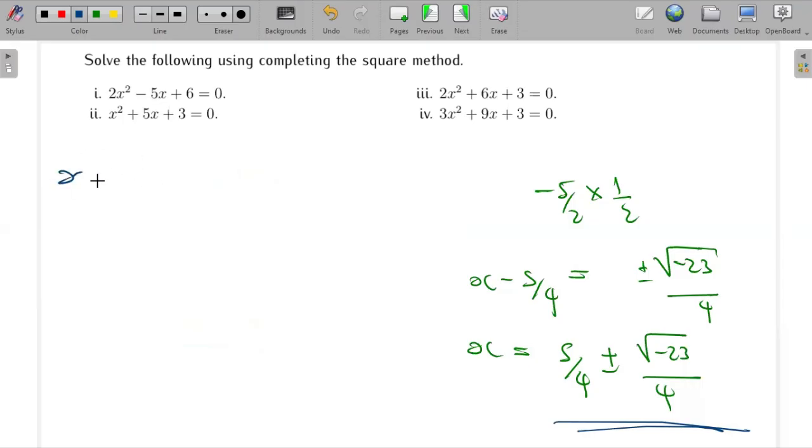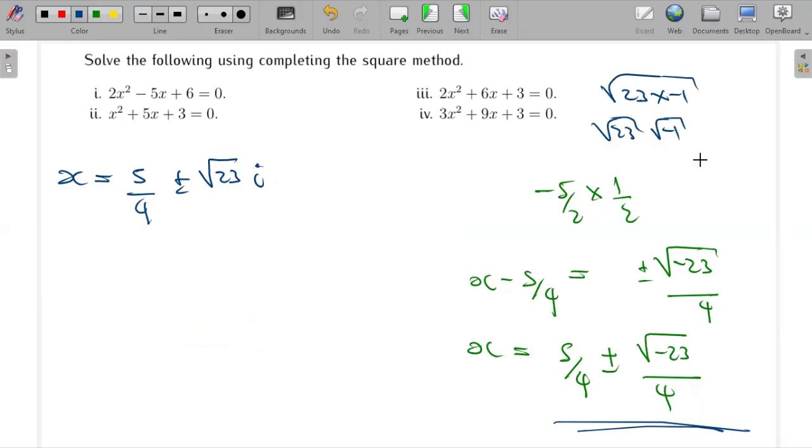So x is just going to be equal to 5 over 4 plus minus. You can write that as root 23 i. How? Because you know that 23 is multiplied by negative 1. You can write this as root 23 times root negative 1, but root negative 1 is just i, over 4.